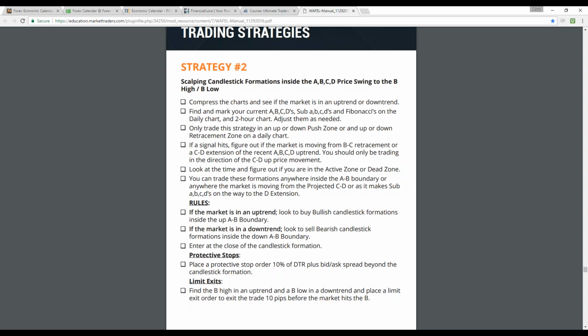Now once you know whether you should be looking to buy or sell, then you know which kind of candlestick formations you should be looking to identify. If you're in an uptrend, you should be looking for bullish candlestick formations. If you are in a downtrend, you should be looking for bearish candlestick formations. Always remember that you should wait until the candlestick formation is verified.